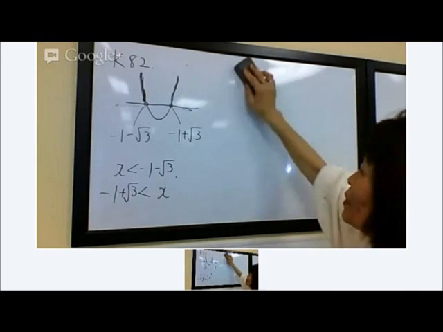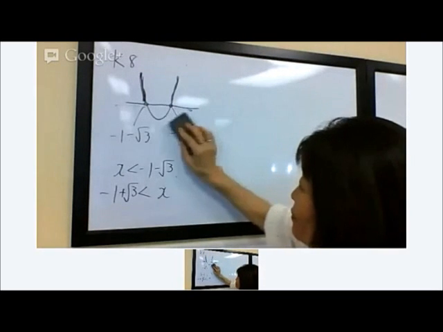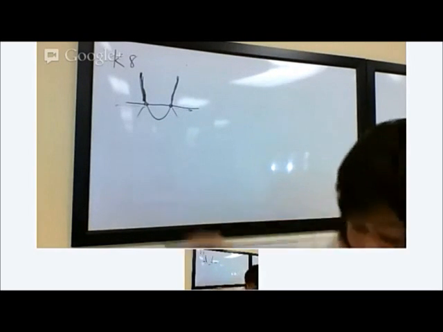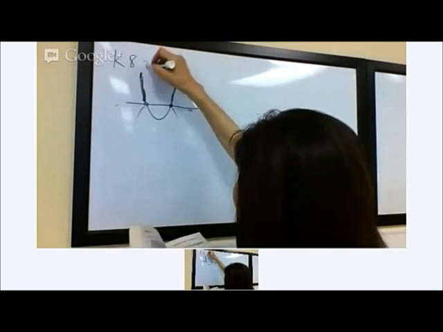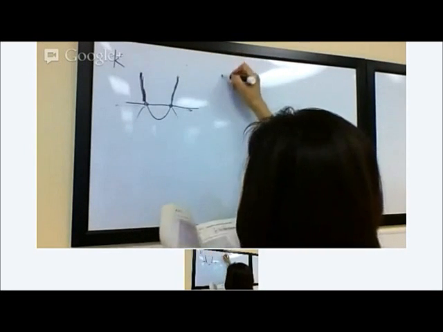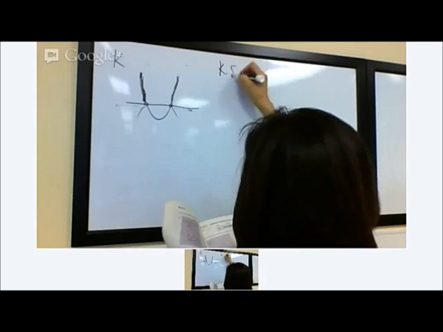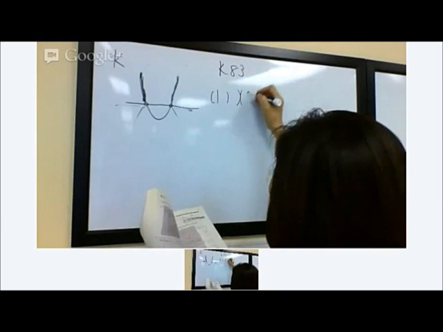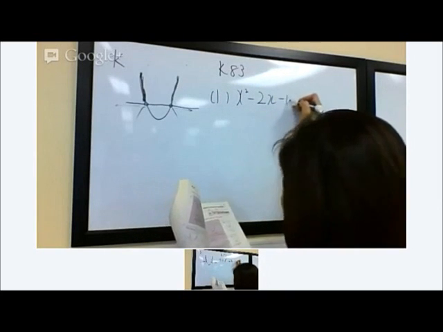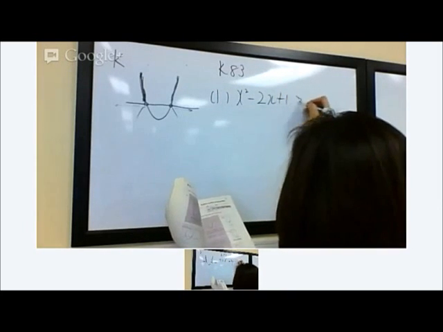83 is a little bit different type. Number 1: x squared minus 2x plus 1 greater than 0.